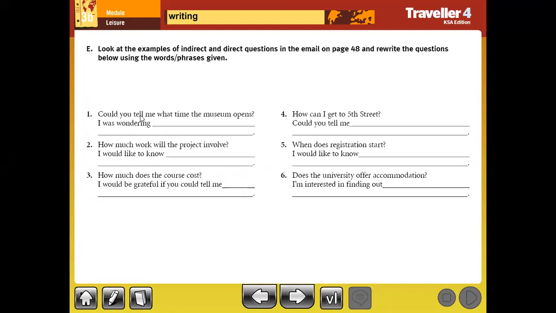You are asked to change some of the direct questions into indirect questions. Can you tell me what time the museum opens? How much work will the project involve? So you are asked to change these questions into indirect questions.